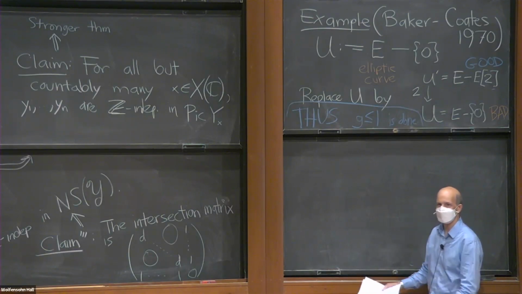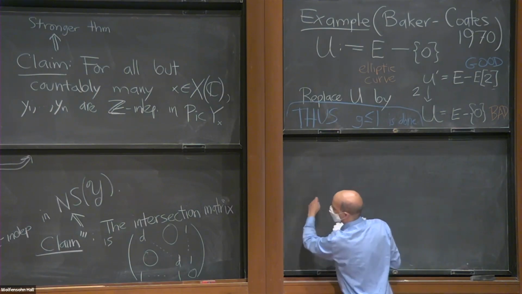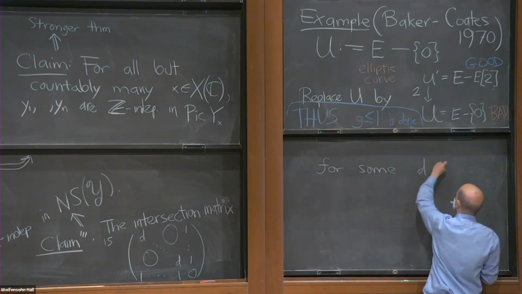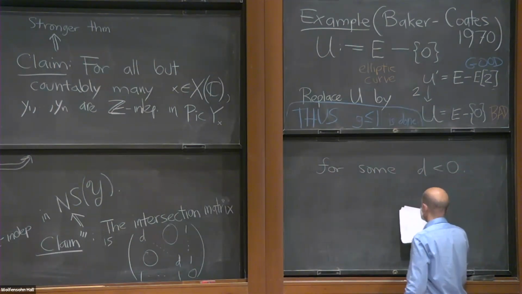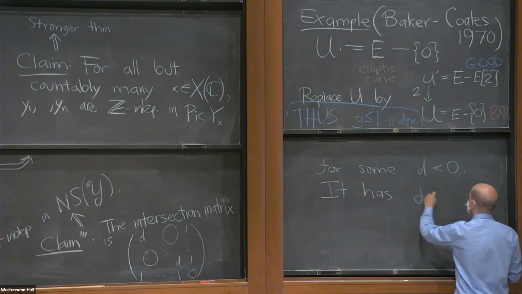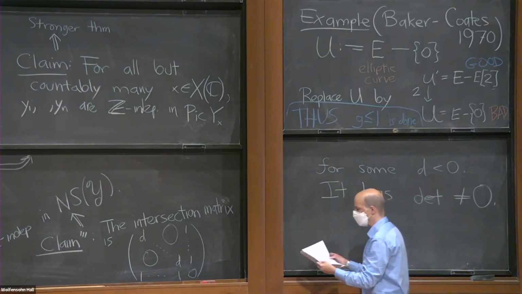It turns out to be a multiple of 2 minus 2G. It turns out to be negative, in fact. So for some D, that's negative. So good, this matrix has non-zero determinant. And so that finishes the proof.